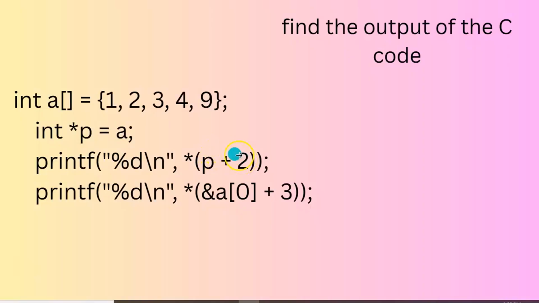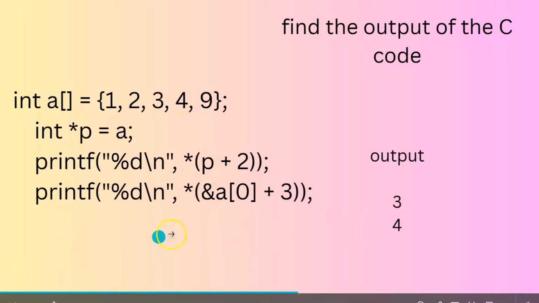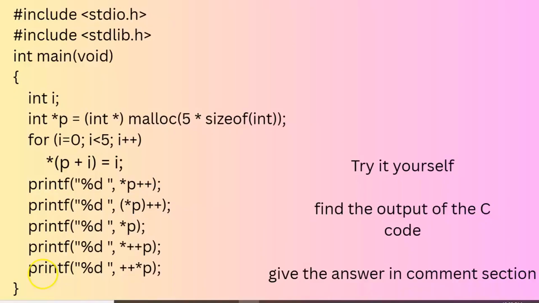When you understood that concept, automatically this print statement will print this 3, and the next print statement again is adding an integer to the pointer variable, so the output will be 4. So what is the output of this code? 3 and 4.